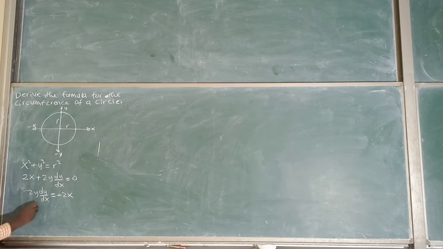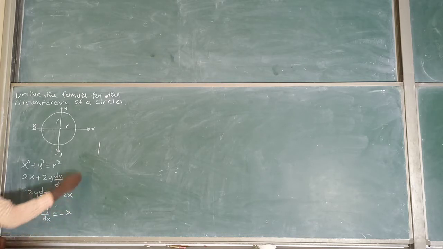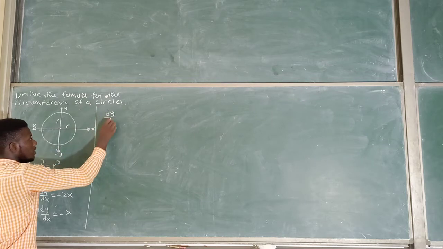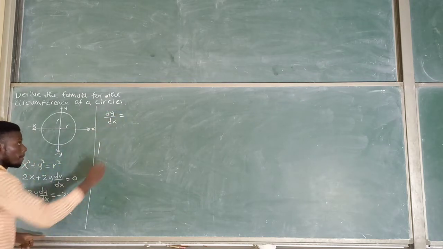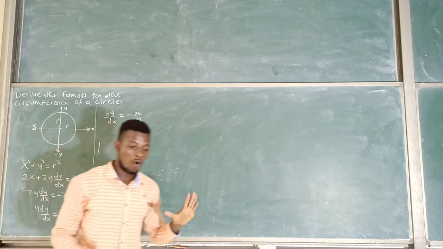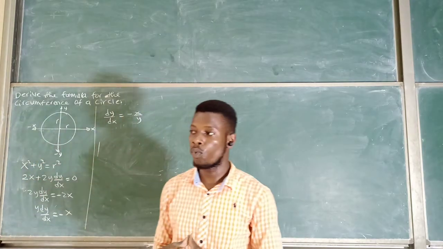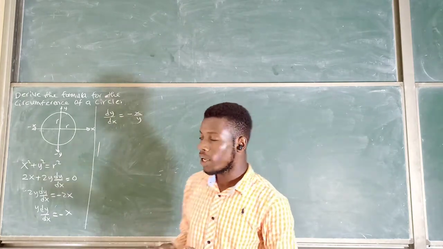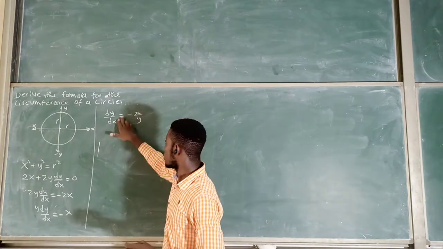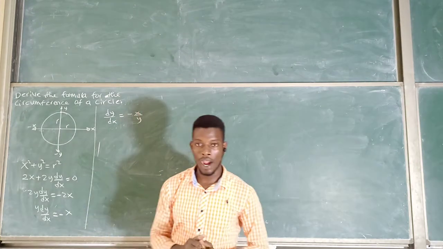Divide both sides by 2, we have y dy by dx is equal to negative x. And if we divide both sides by y, we have dy by dx equals minus x over y. So the derivative of this circle, which has radius r and whose center is at the origin, is minus x over y.